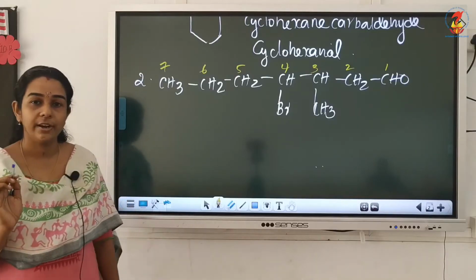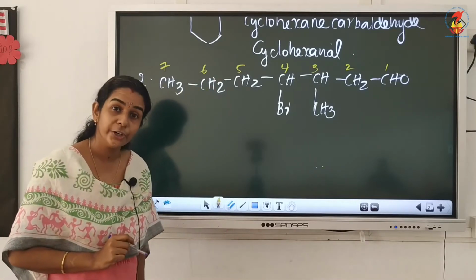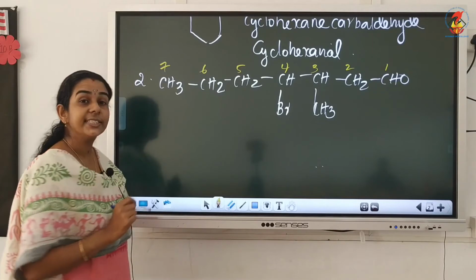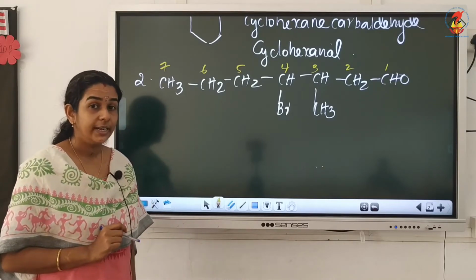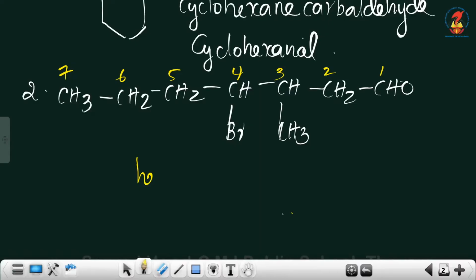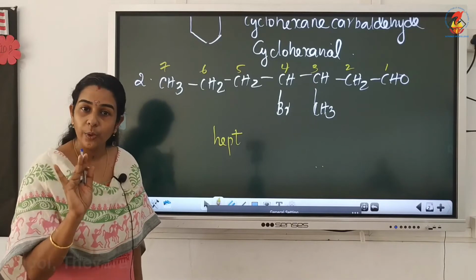Now we can start the naming. From this numbering, we can write the word root. Here we have 7 carbon atoms. What is the word root for 7 carbon atoms? It is hept. That is the word root. Now write the primary suffix. What primary suffixes are we using? ANE, ENE or YNE.